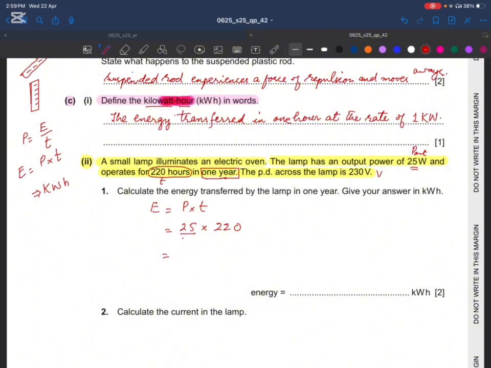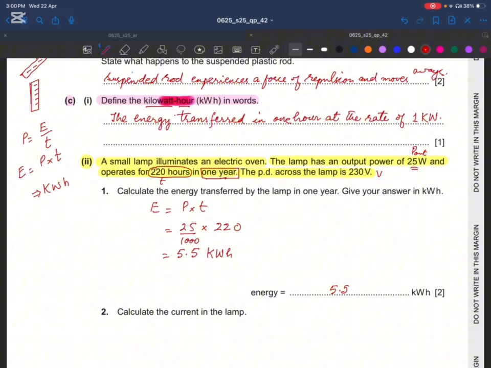Simply this will be divided by 1000. So 25 divided by 1000 multiplied by 220 will give you 5.5. This will be the energy in kilowatt hour. The unit is already written here, so only the magnitude you have to mention. The value is 5.5.